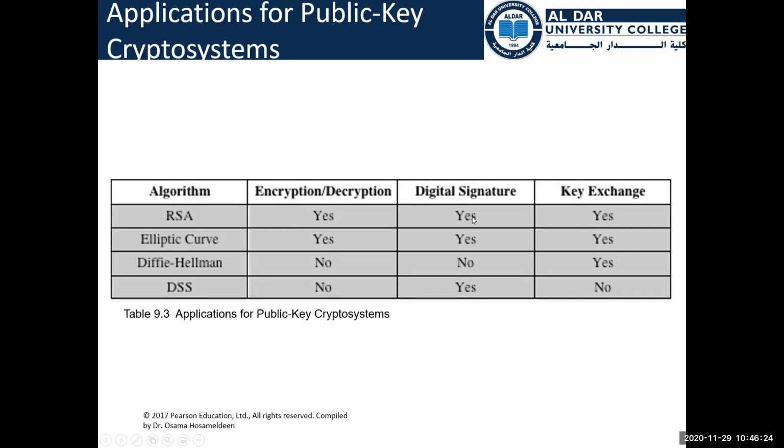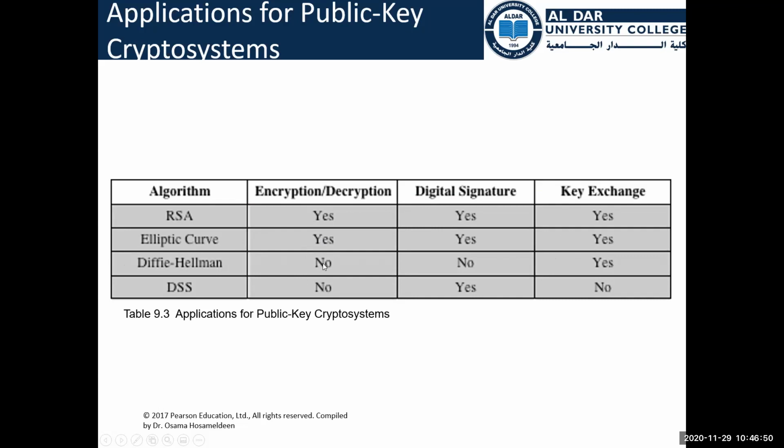It can also be used in digital signature. It can also be used in key exchange. Also, elliptic curve can be used in encryption, decryption, digital signature, and key exchange. But Diffie-Hellman is only proposed for key exchange. So Diffie-Hellman is only for key exchange.